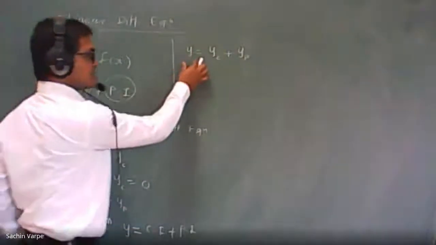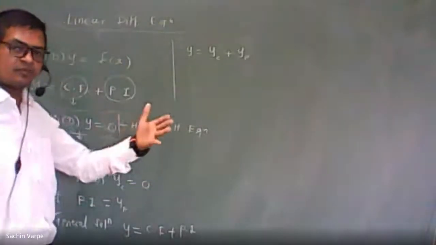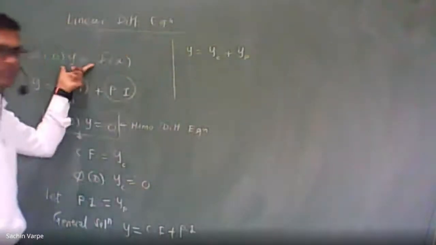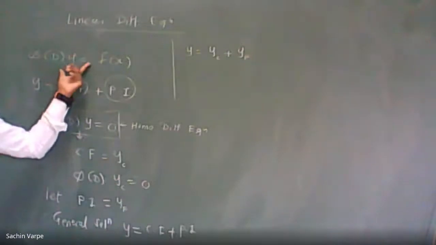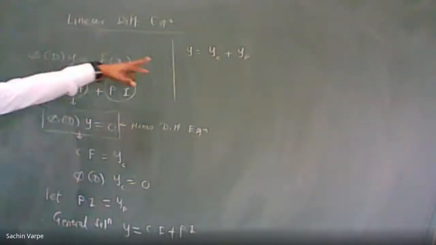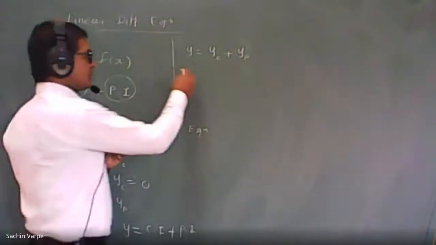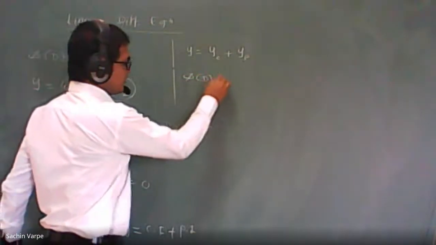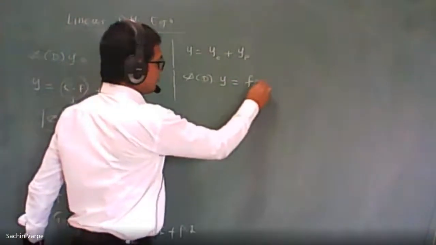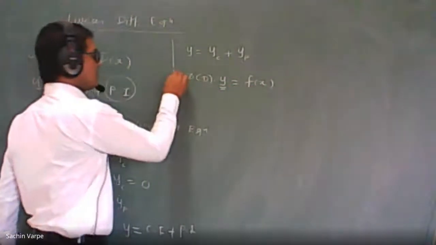So as this is the general solution, that means it must satisfy this linear differential equation with constant coefficients, right? So when I substitute the value of y here, what will I get? Phi of D into y is equal to f of x. So let us substitute this y.